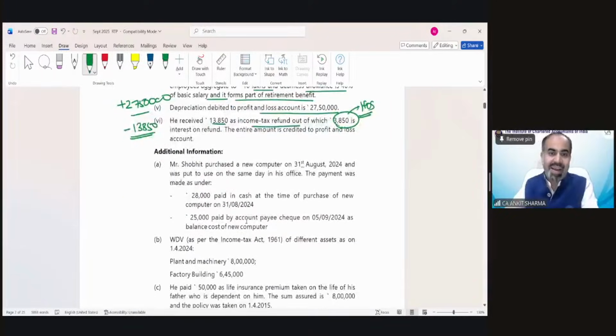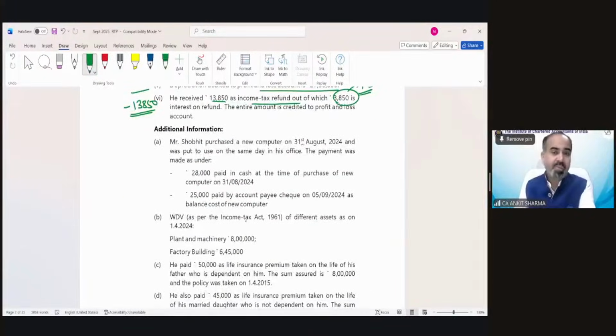Now here is additional information, and again the point number is important. It is additional because this information has not had any effect on the profit which has been given above, 57 lakh 25,000. We have not done anything regarding this information yet. Mr. Shobit purchased a new computer on 31st August 2024 and put it to use the same day in his office.